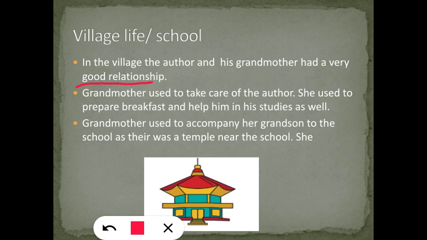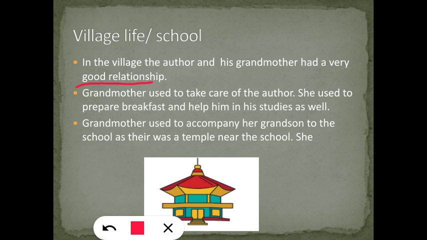That's not made clear here. But grandmother and the author were two people living in the house, and grandmother used to take care of her grandson, take him to school, prepare breakfast, give him a bath and everything. So they had a very good relationship, remember.